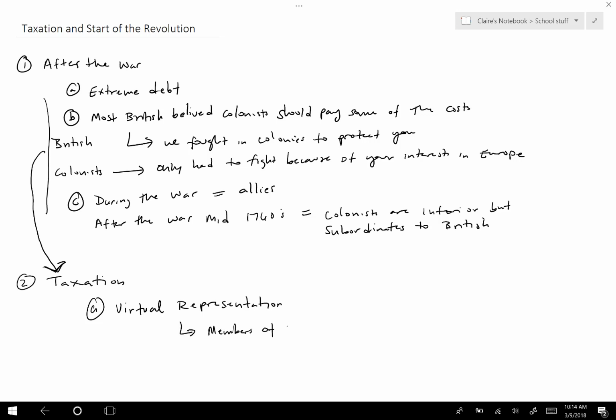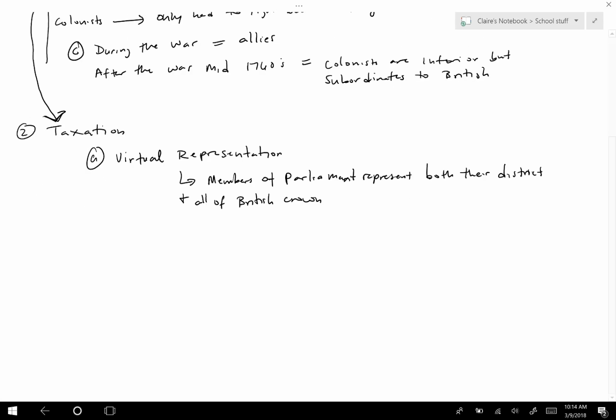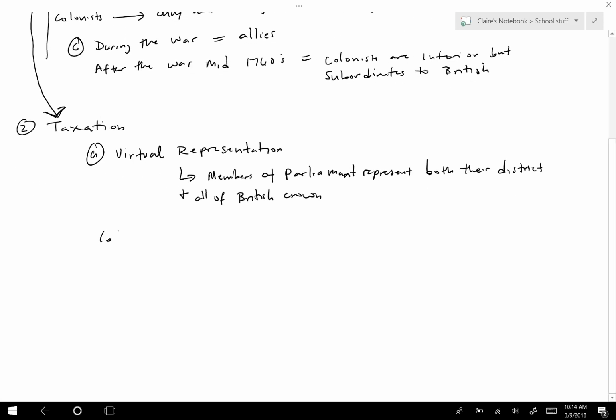Members of Parliament represent both their district and all of the British Crown. So therefore you're being represented.